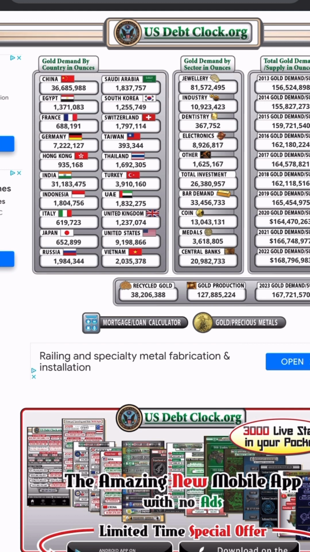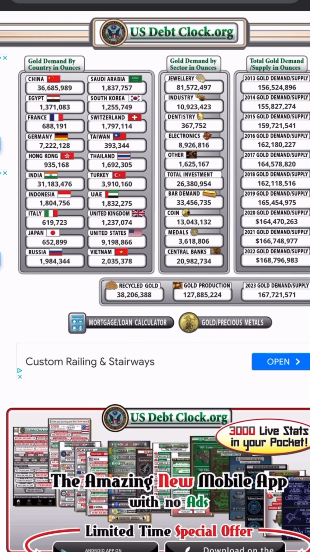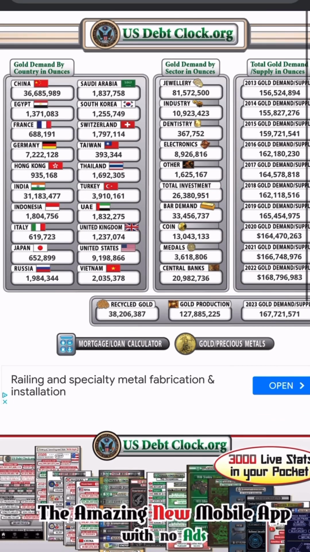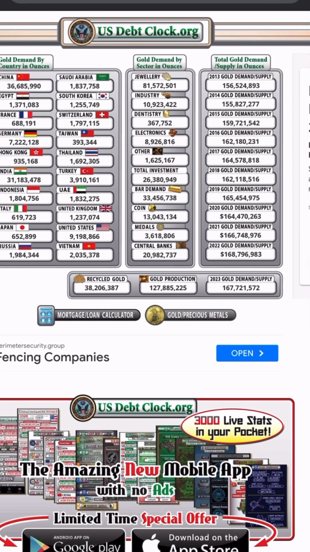And looking at these countries, Russia, Vietnam have a lot of supply of gold. On the right-hand side is jewelry per ounces held, electronics, total investments, bar demand, coins, metals, and central bank numbers. So you just get data on that.